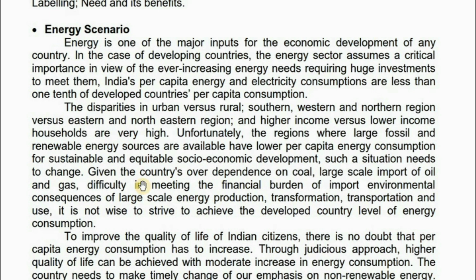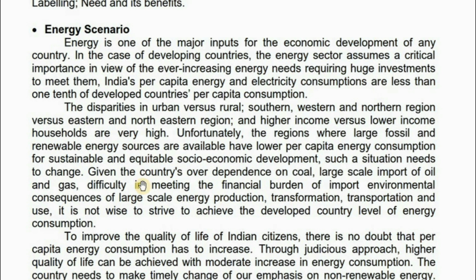Now, the overall development of any country depends on the energy sectors that they are utilizing. Further, one more term we deal with is per capita energy consumption.